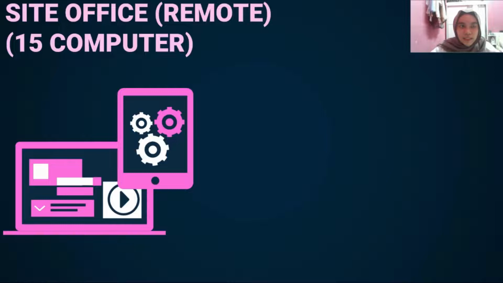Next is the site office remote, which has 50 computers. Using the same formula as before, we are going to put log 2, and we're going to take the number of computer hosts, which is 15 plus 2. You will get log 2, 17. And then we try to click it in the calculator, and you will get a decimal number.